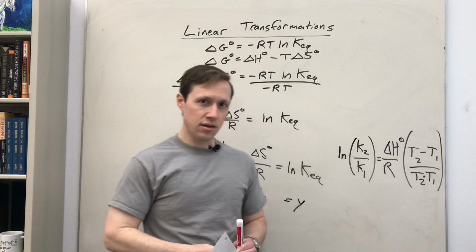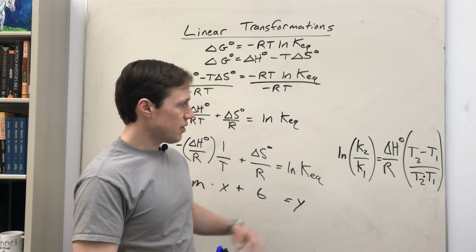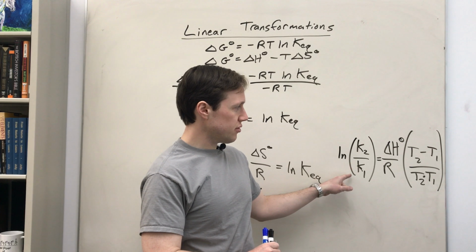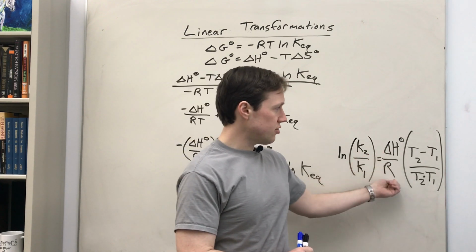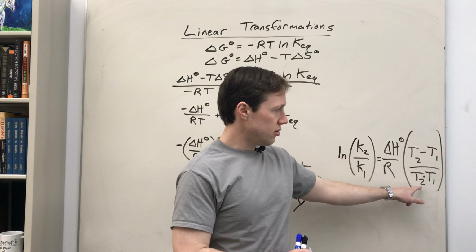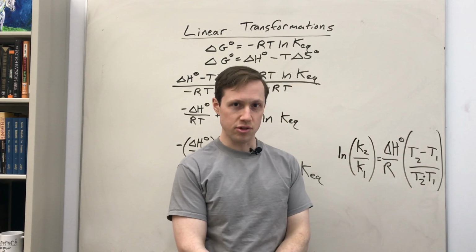The natural log of the ratio between the equilibrium constant at two different temperatures is equal to delta H over R times temperature 1 minus temperature 2 divided by temperature 2 times temperature 1.